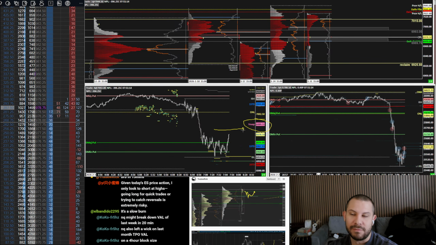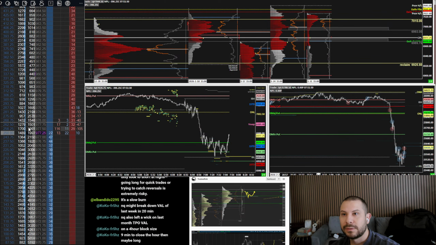I might scale at 85. I don't know, I'm not really dead set on this. My main priority is to mitigate risk, so I'm not married to the idea of having to hit 89. I'm willing to take profit at 85, 84 to mitigate risk. So we'll see. I'm not sure if it'll hit. If it hits, that's where I'll scale.